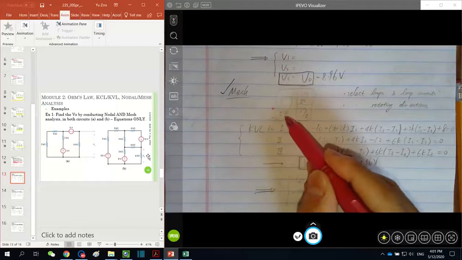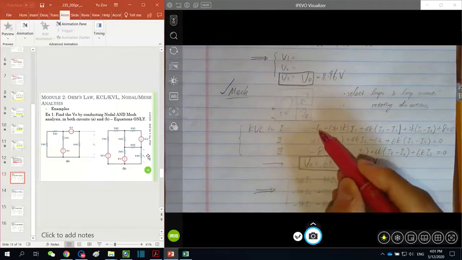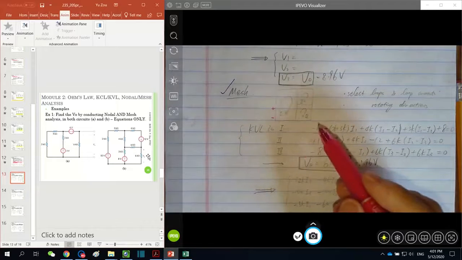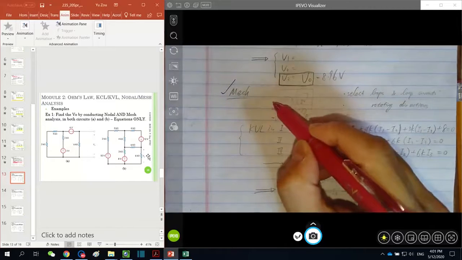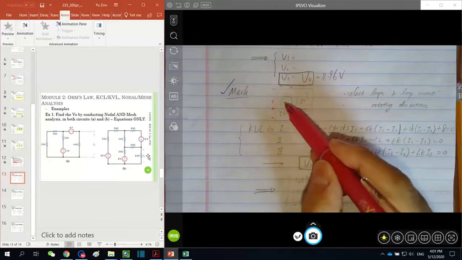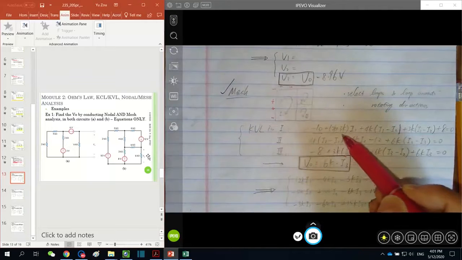You're coming across negative first, followed by positive, so this is negative 10. Next you have 2 kilo ohm and 3 kilo ohm, following such voltage polarity due to I1. So you have 2K plus 3K times I1.